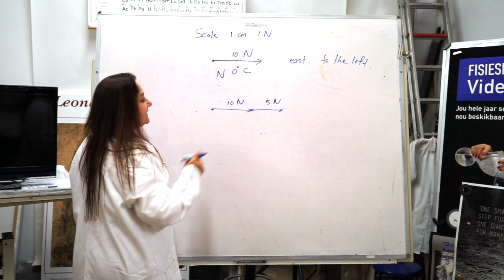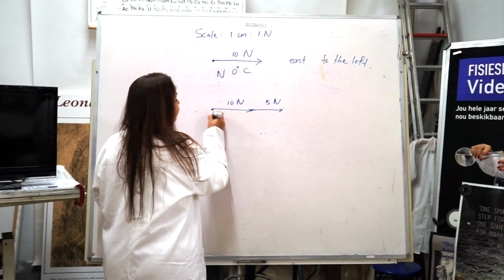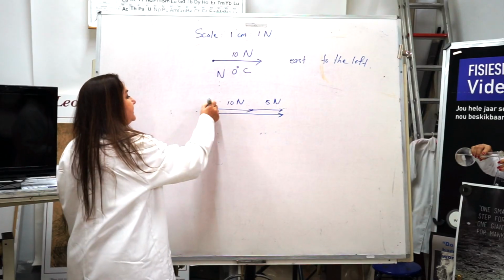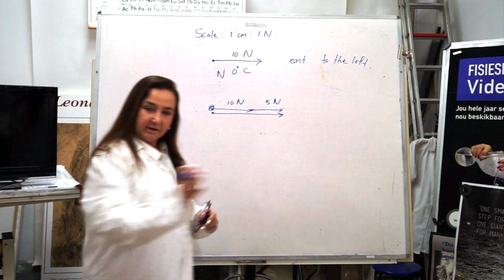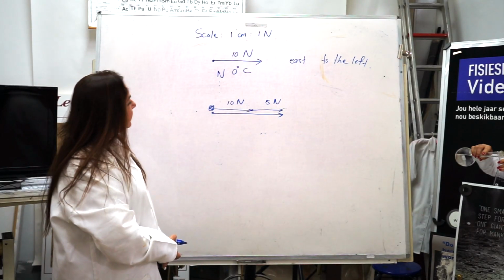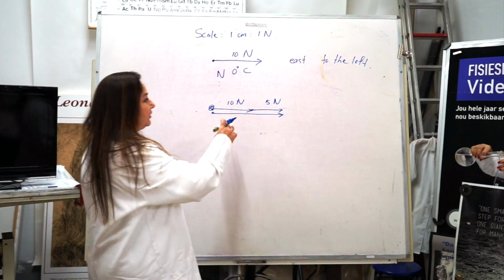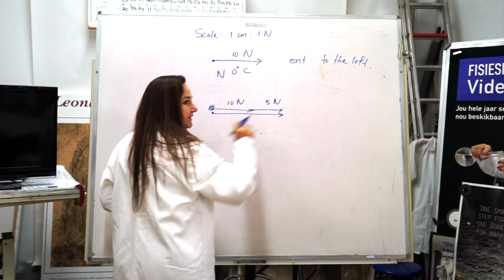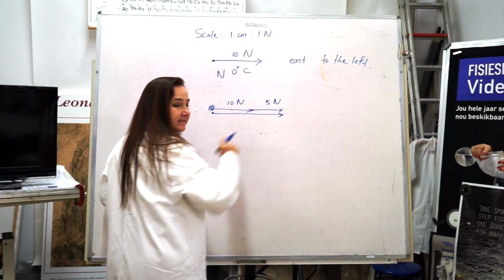What will be the effective or resultant force on that object? Mathematically we're just going to add it, because it's in the same direction. The arrows go the same way.